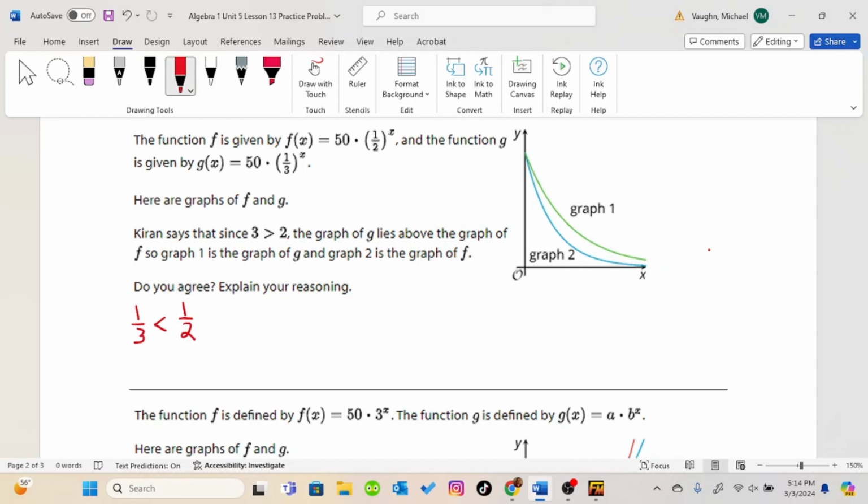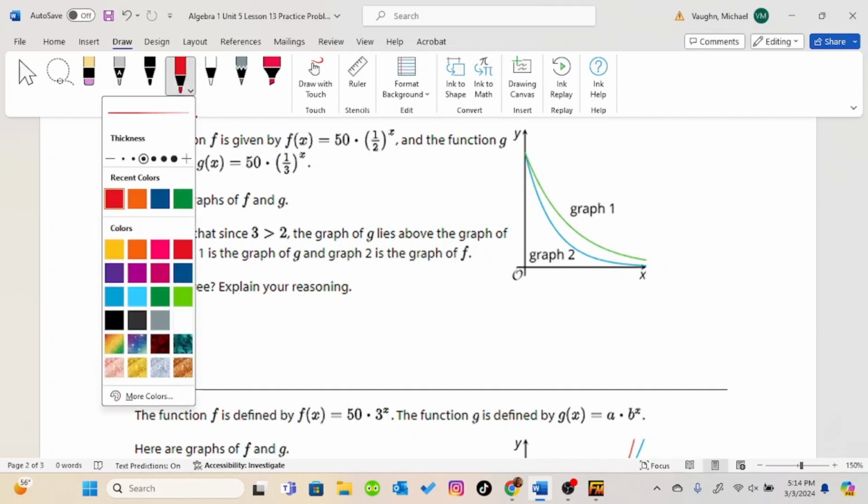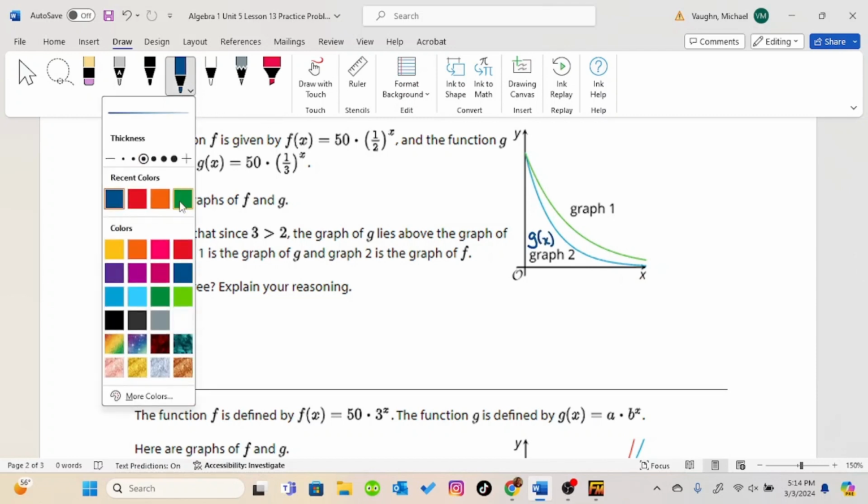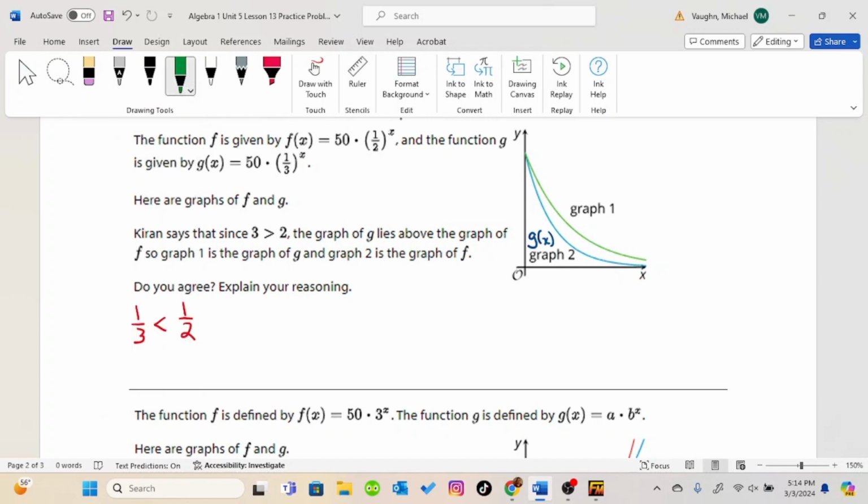And since 1/3 is less than 1/2, graph 2 is going to be g of x, and graph 1 is going to be f of x.